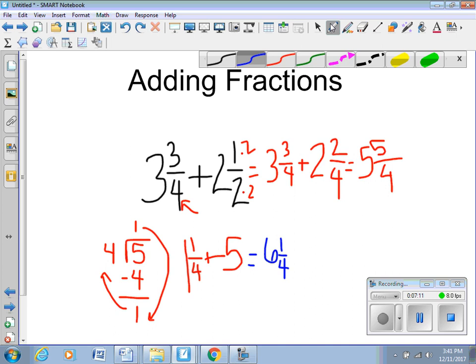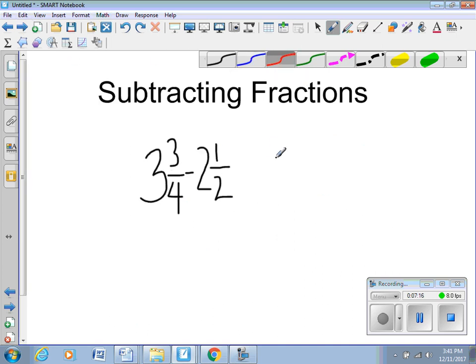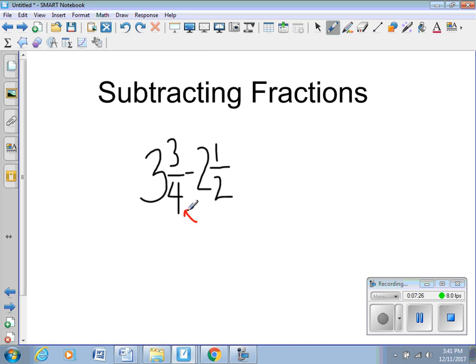Alright. And the last one let's brush up on is subtracting. Subtracting and adding have the same basic concept, because for both you have to have a common denominator. So again, we're going to go with 4, so I'm only changing one fraction instead of 2. That makes my life a little easier, and it makes simplifying in the end a little better.